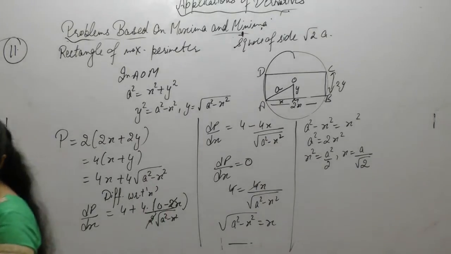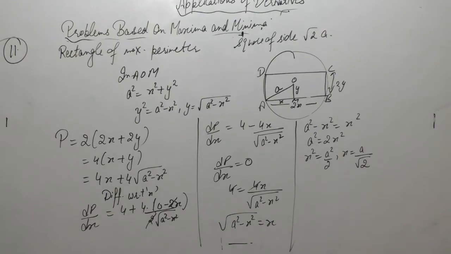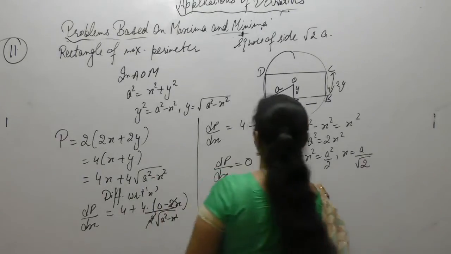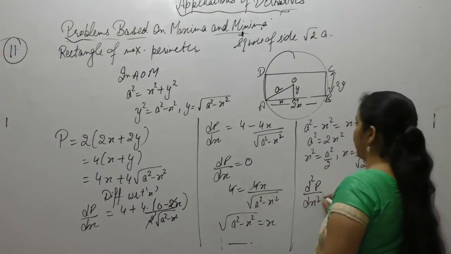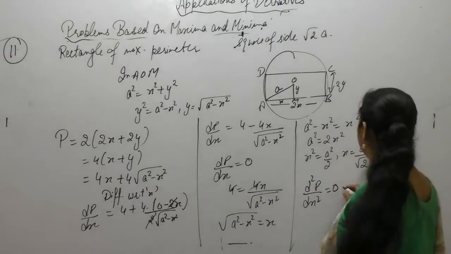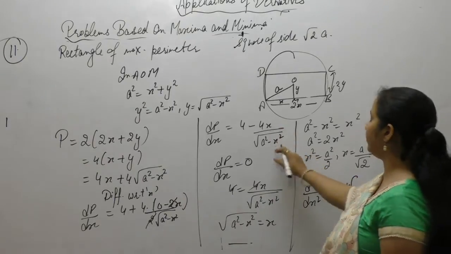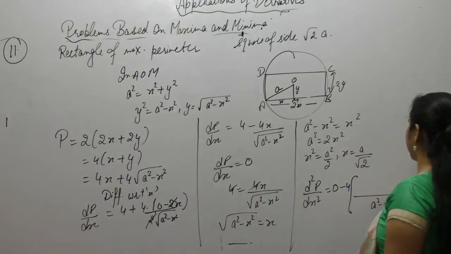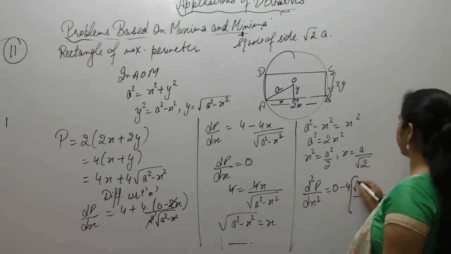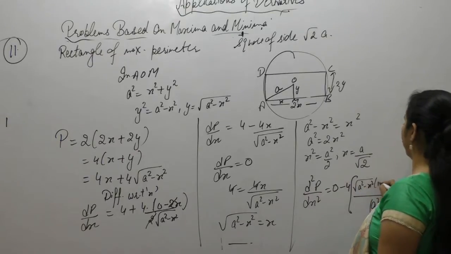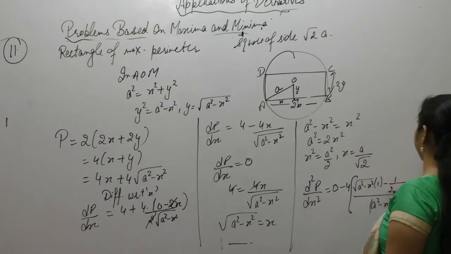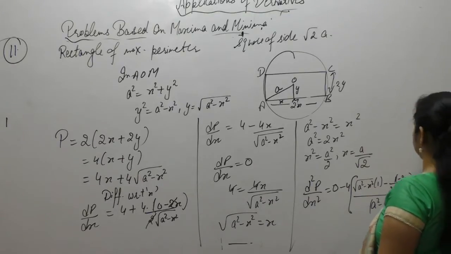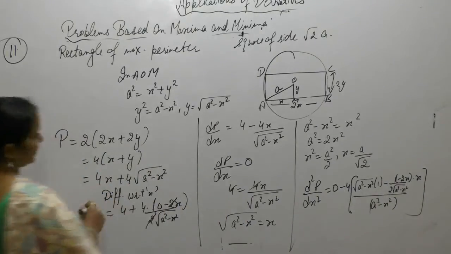Now in the next step, find the second derivative. d square P upon dx square: derivative of 4 is 0, minus 4, u upon v rule here, v square, derivative of u minus derivative of v, u as it is. Note up to here first.